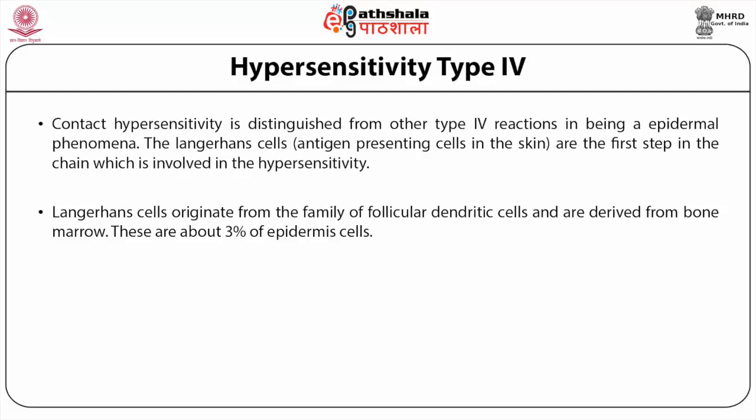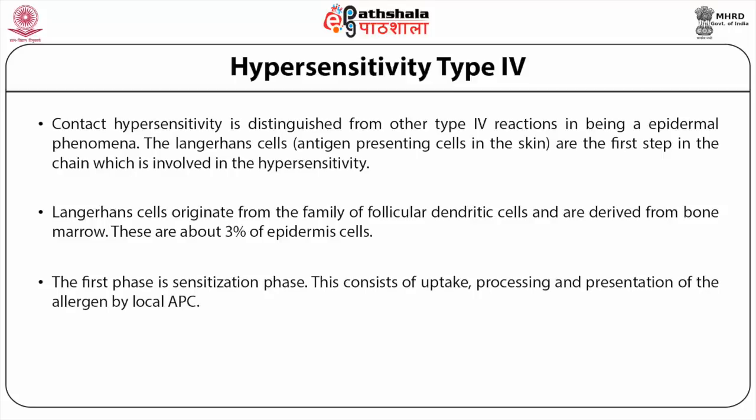Within a few hours, that is 4 hours, of using DNCB in mice, Langerhans cells appear in the draining lymph nodes. It is in lymph nodes that these cells act as antigen presenting cells and present antigen to lymphocytes.